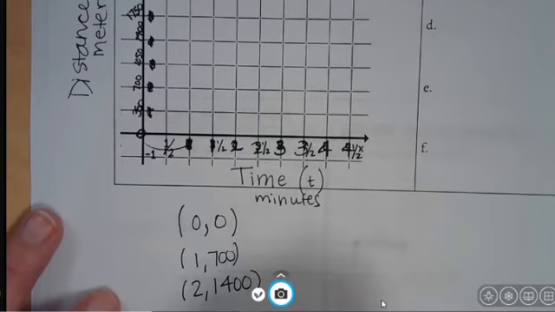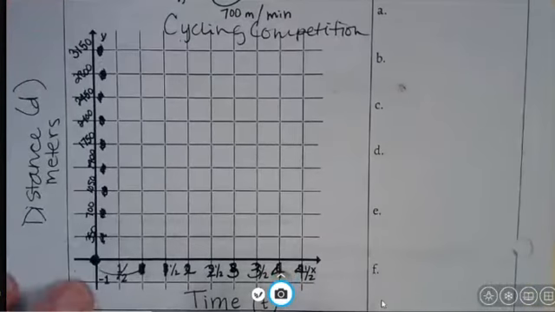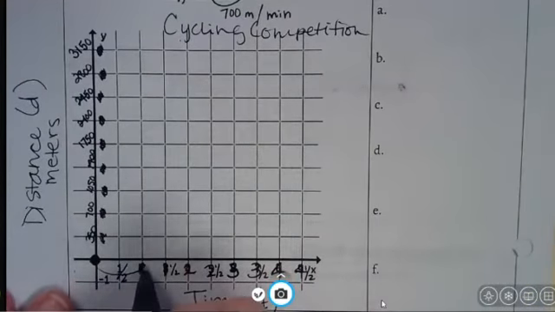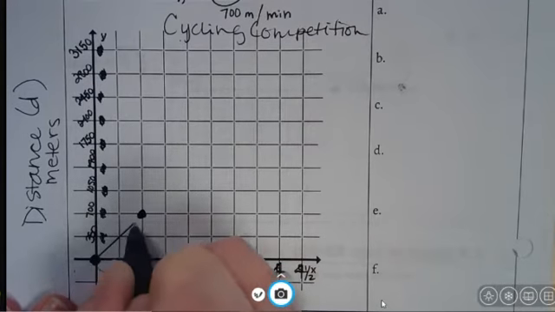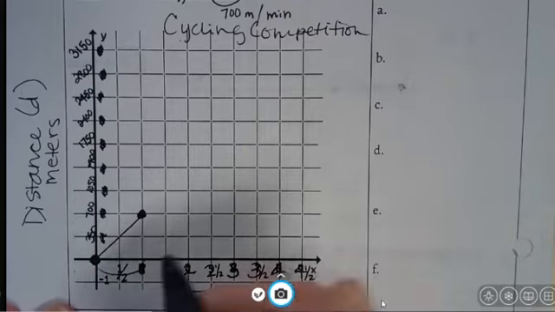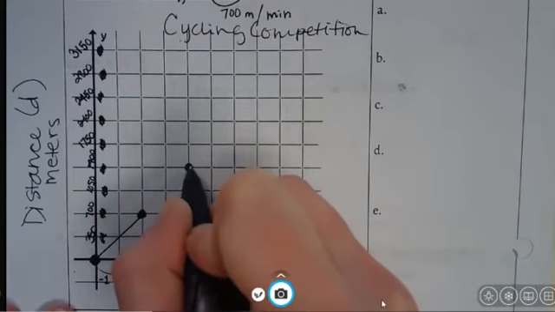3, 2,100, 4, 2,800. So I have a 0, 0 that I need to put a point at. And then 1 and 700, and then connect those with a straight line. And then 2 and 1,400.